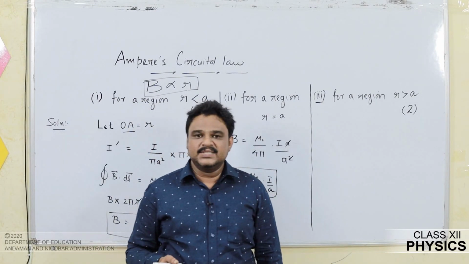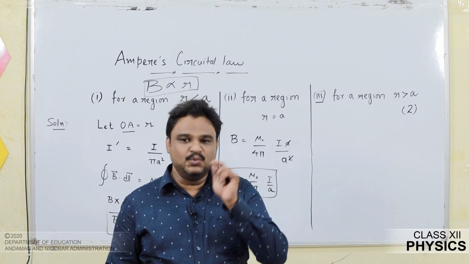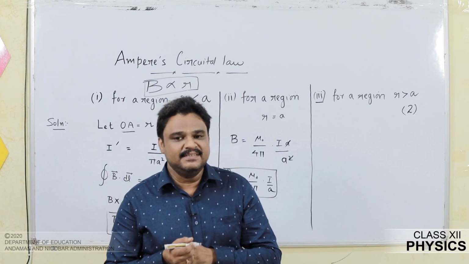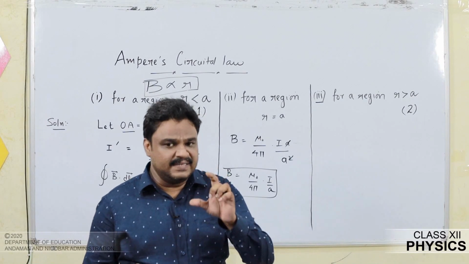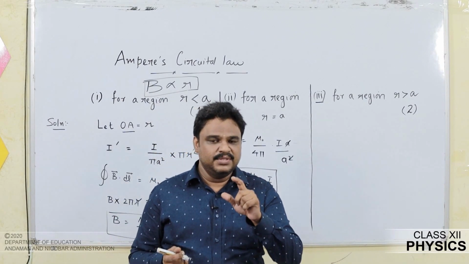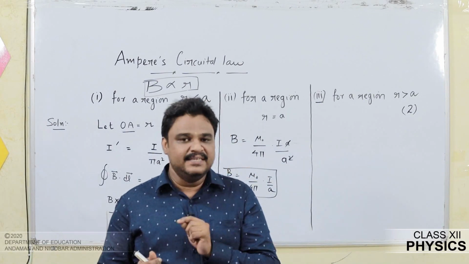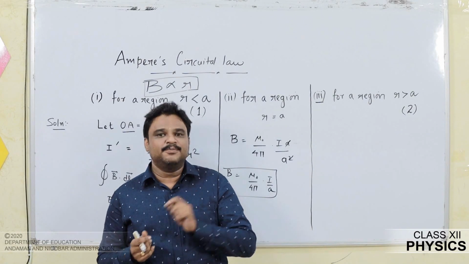Now our third case, what about the magnetic field in the region marked by 2? You can see the diagram, it is marked 2. What about the magnetic field in region 2? I think the concept of current threading through the wire is very clear to you. For the first case, the current threads through an area pi r square only. So obviously I get the current I dash to be I by pi a square into pi r square.